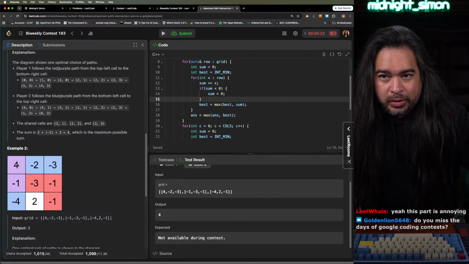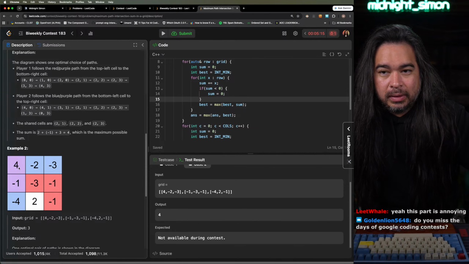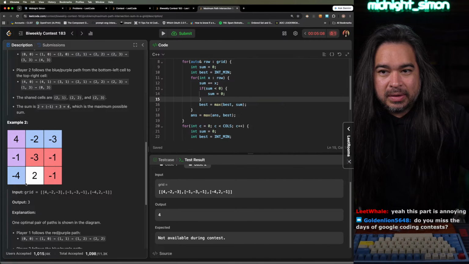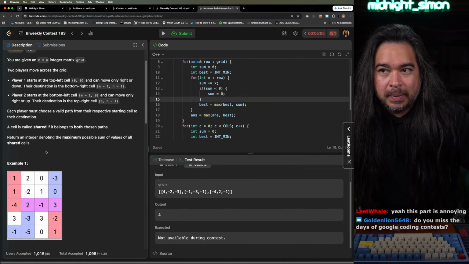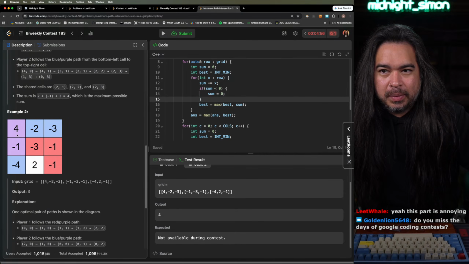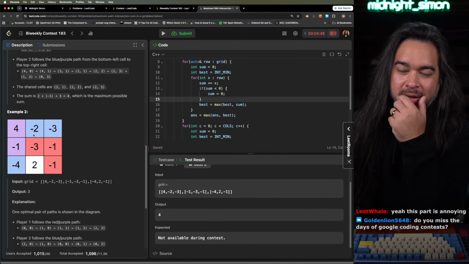So this one goes straight up and straight right. Is it possible to have no shared cells? If this went straight down and right, no, at some point they have to cross.